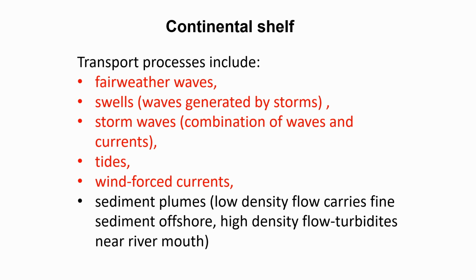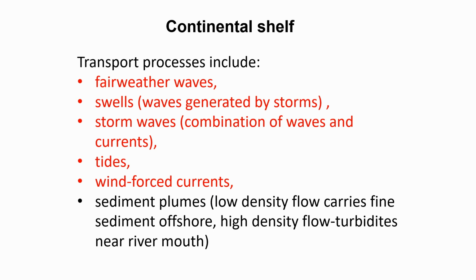The sediment plume deposit is the sediment brought by rivers. The low density flow, also called hypopycnal flow, carries fine sediment to the offshore, while the high density flow, also called hyperpycnal flow, is characterized by high density with a high sediment load.